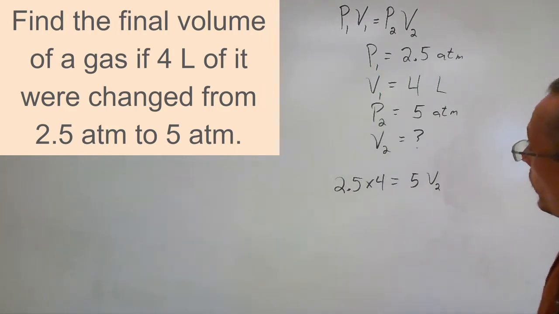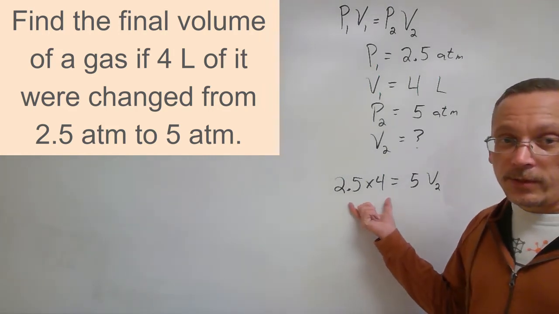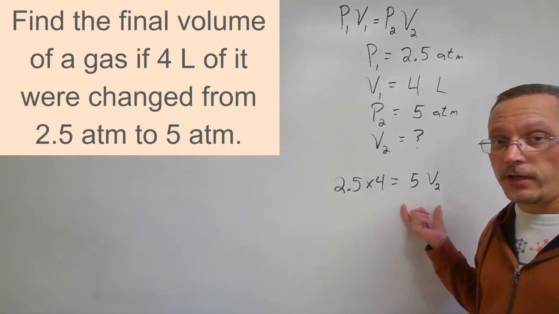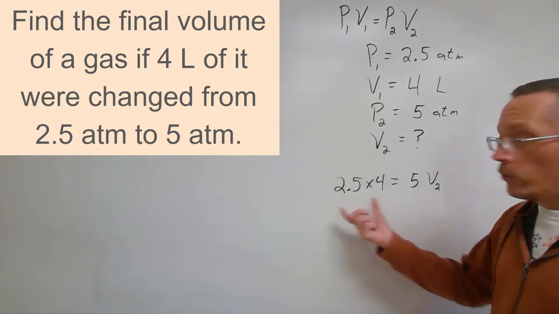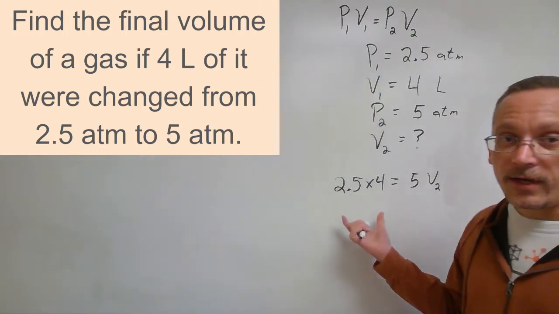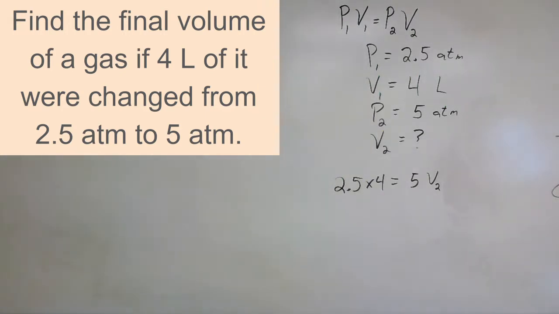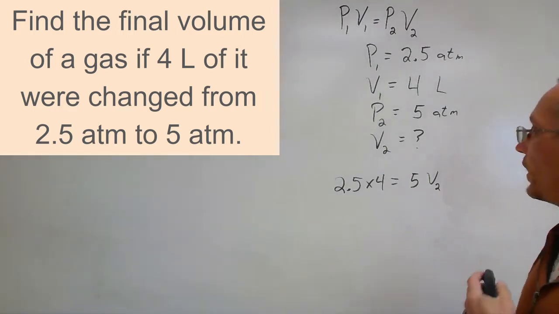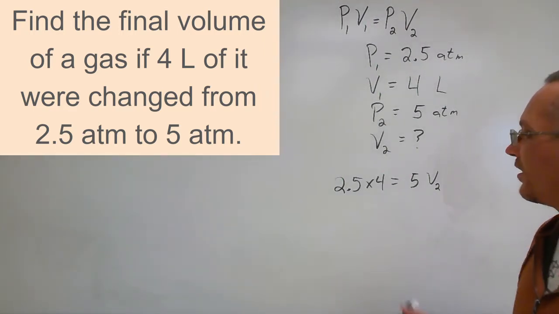Now at this point, you're either going to have 2 numbers on one side of the equation, or 2 numbers on the other side. Whichever side, multiply those 2 numbers. So here I have 2.5 times 4, which should come out to 10.